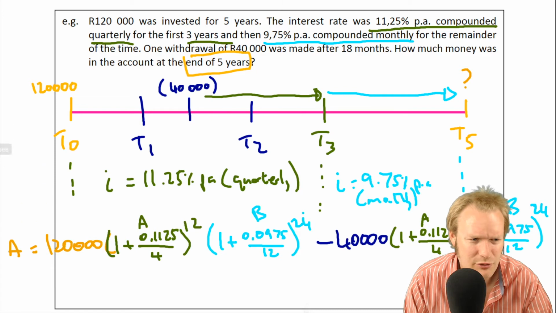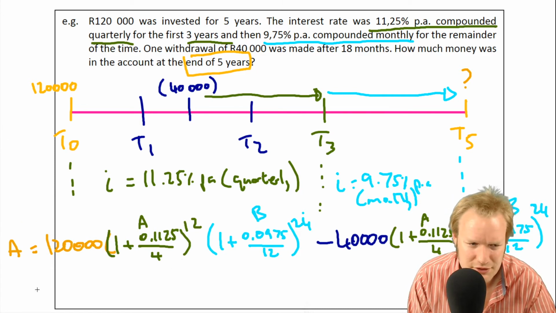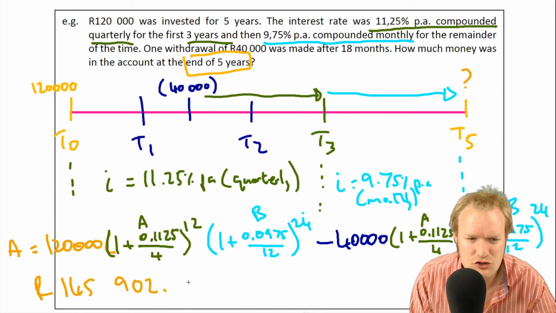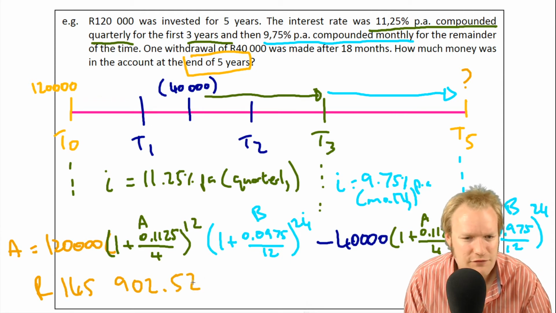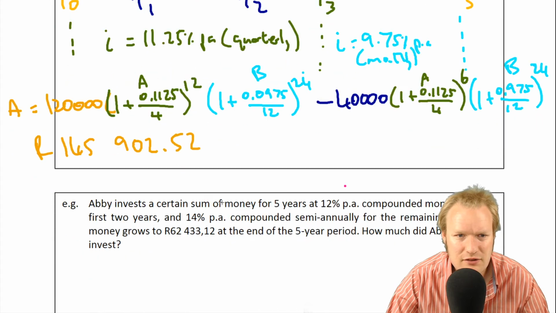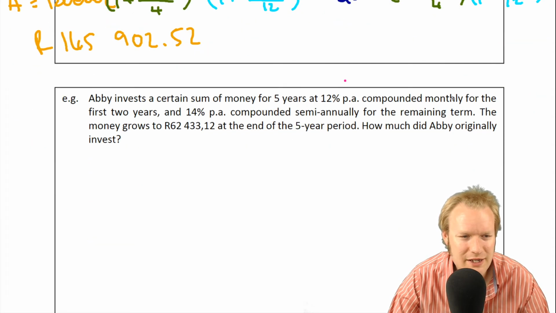And what do we get? Well, when I did it, because I'm not going to type it all in now, it is 145,902 Rand and 52 cents. So we subtracted our 40,000, 1 plus that, 1 plus that for the 24. And there we are.